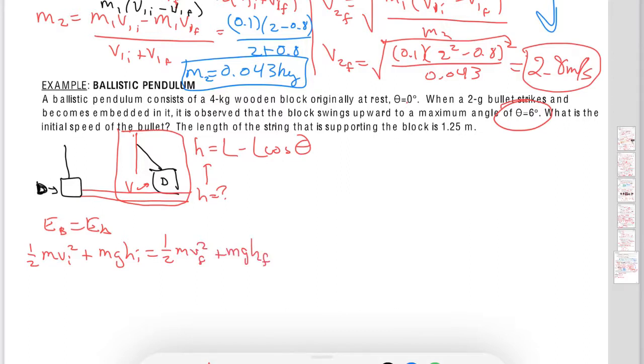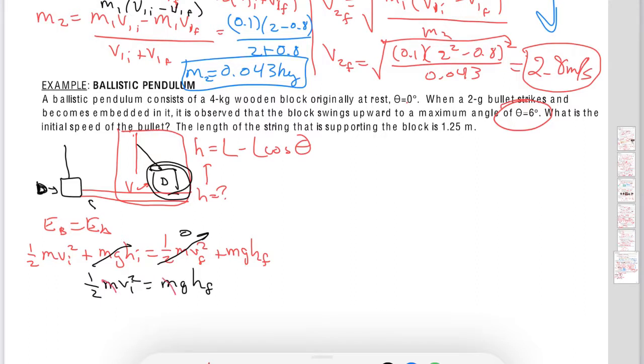Again, things cancel out. The mgh initial cancels because we call the lowest point 0. The 1/2 mv final squared cancels because it has to stop at this point, so our final velocity would be 0. So I end up with 1/2 mv initial squared equals mgh final.